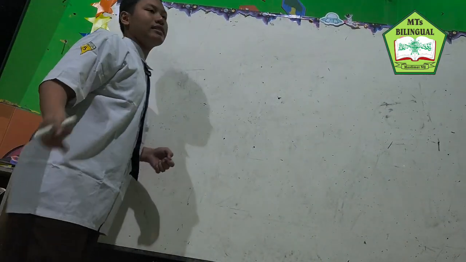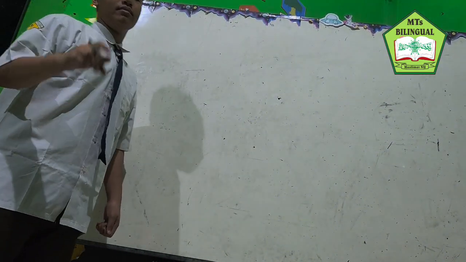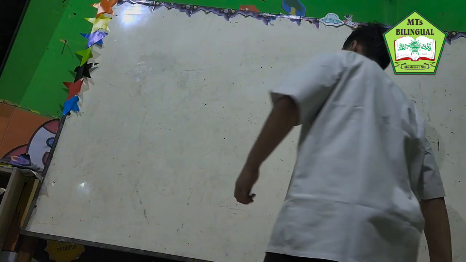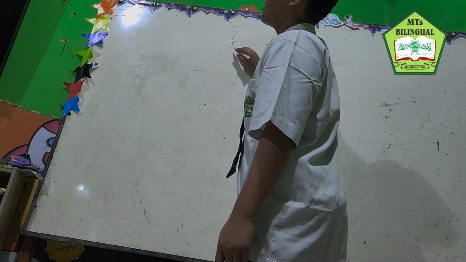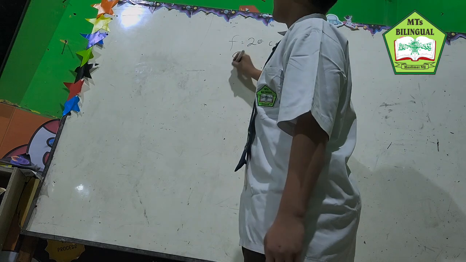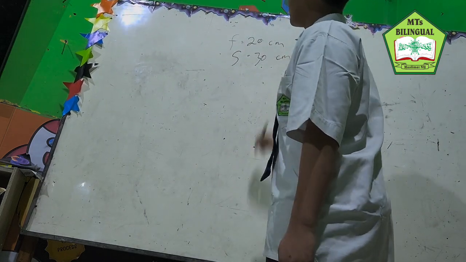For example, there is a convex mirror and an object is placed in front of it, and they ask about s prime, which means the image distance. This is easy to determine. The focal point is 20 centimeters, and the object distance is 30.